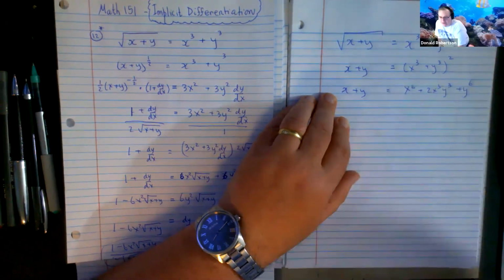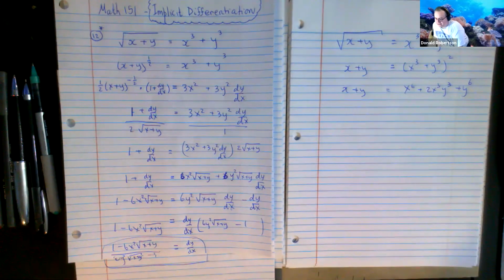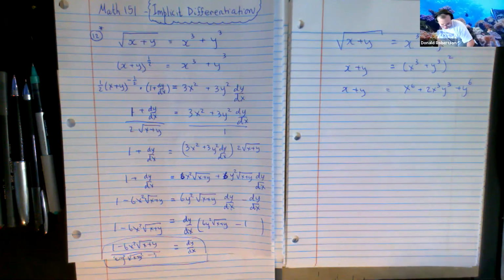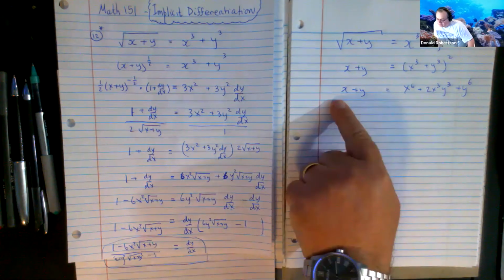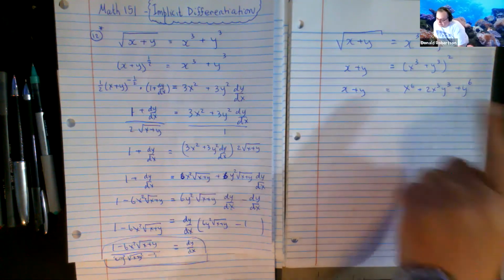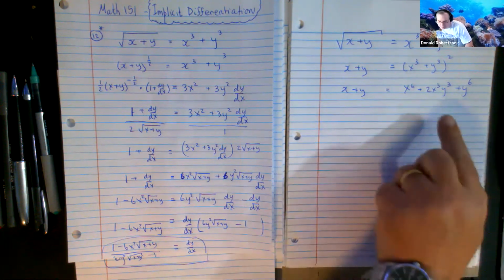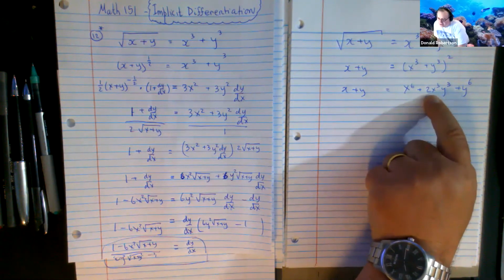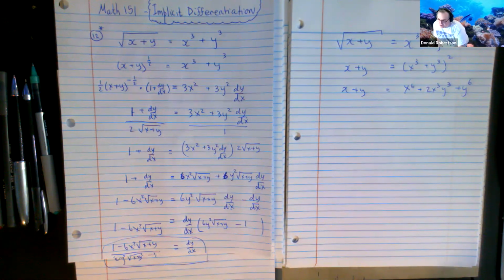Would you agree that that one would be much easier to solve, to differentiate? No square roots, just normal powers. I mean, the only awkward one would be here. You'd have to do a little product rule. But would you agree that would be a lot less work?